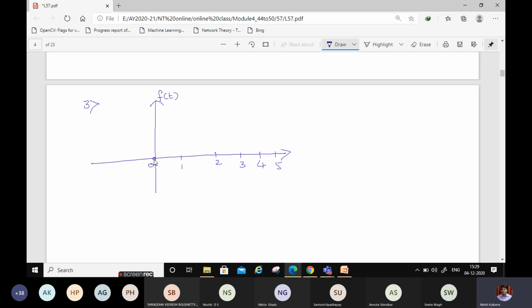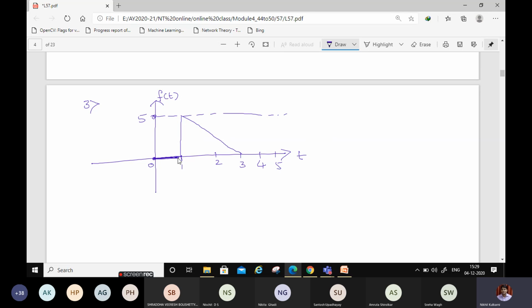Okay, so the signal is mentioned like this. This is the signal. Now how to model this? You start from the left side. So till 0 there is nothing.